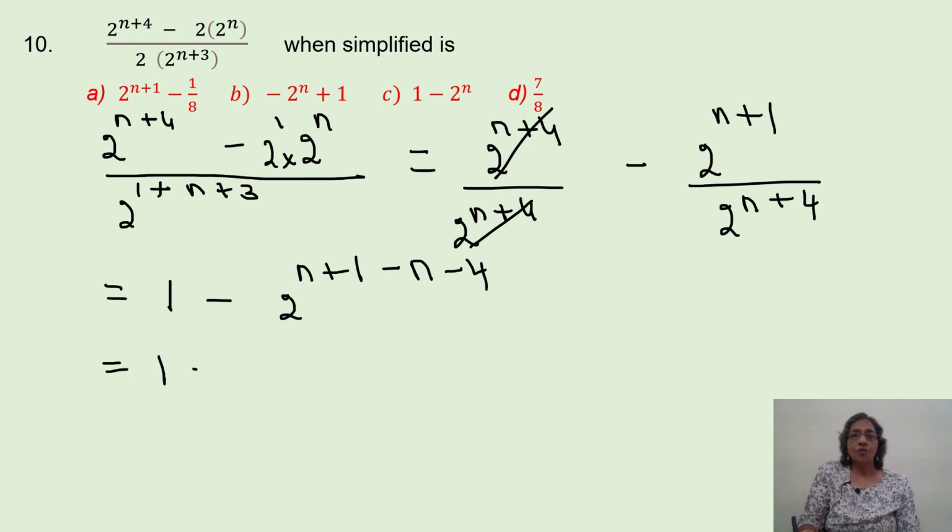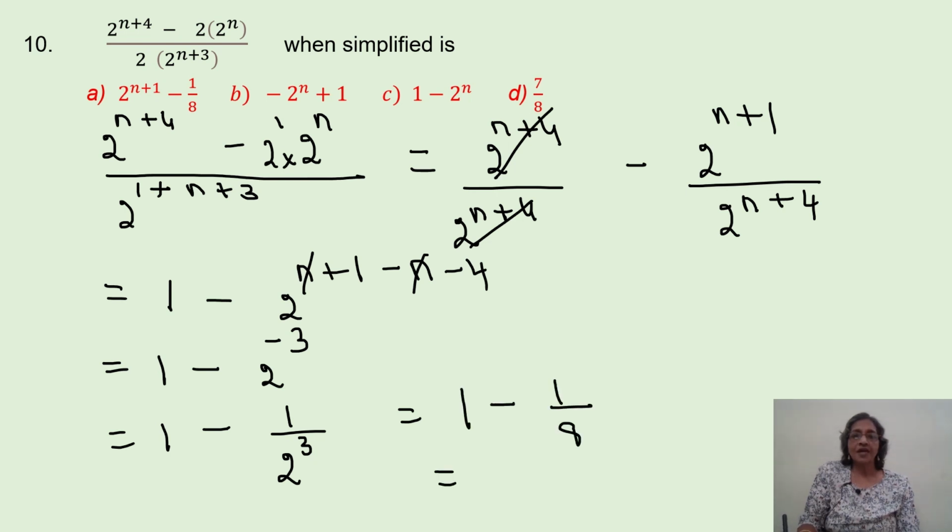So this would become 1 minus, n cancels, 2 raised to minus 3, which is nothing but 1 minus, using our property again, 1 minus 1 upon 8, and your final answer would be 7 upon 8. And your correct option from here is the D option.